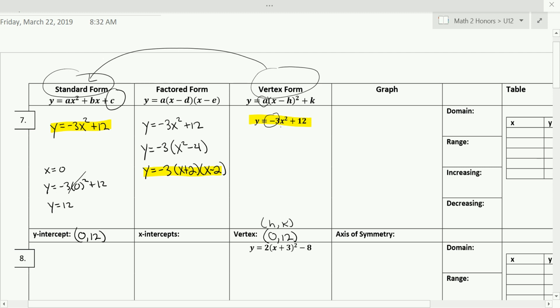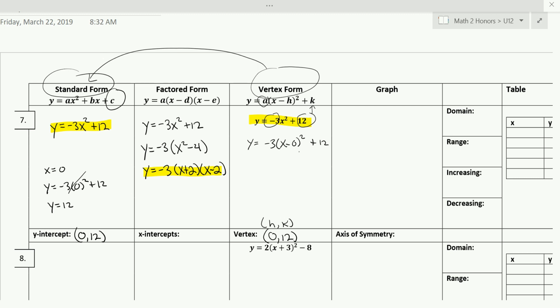And so this is the part after. So k is going to be 12. And if I rewrote this, it could be y equals negative 3 times (x minus 0) squared plus 12. So if you want to see your a, your h, and your k, you could put x minus 0. But by default, if you have an x squared, h is 0. Okay, good. What else can we find?